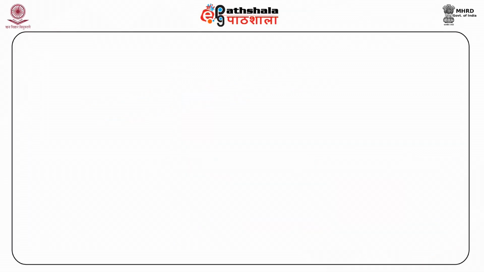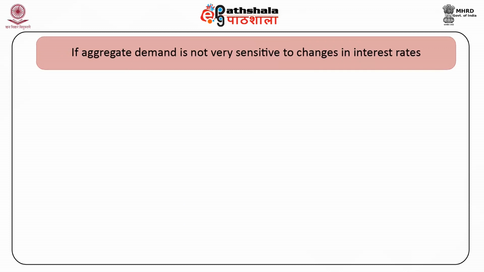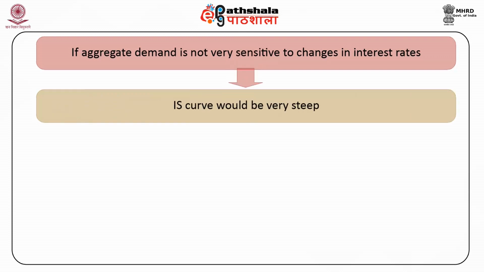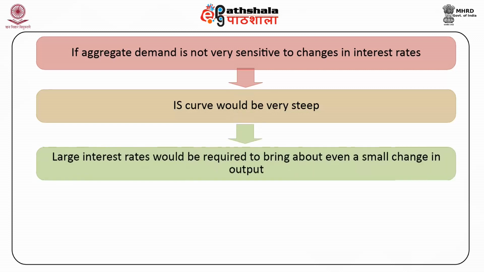No doubt, this is an extreme case, but the point you should note is if aggregate demand is not very sensitive to changes in the rate of interest, the IS curve would be very steep. In this case, very large interest rate changes are required to bring about even a small change in output.